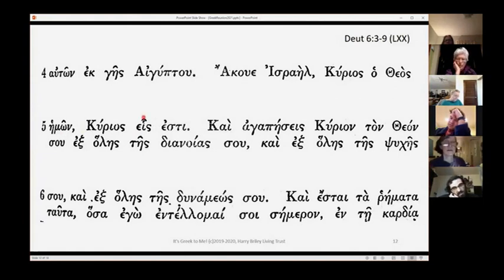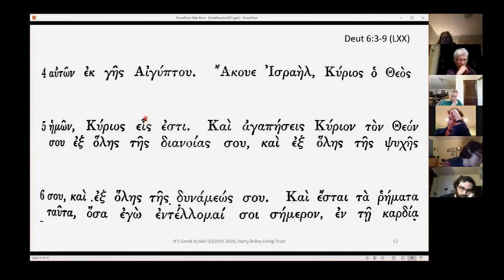Now, what's tricky is look at this breath mark. Ignore the circumflex, but the breath mark, that's a harsh breath mark. So this is not the preposition eis, which means into. This is heis. So that breath mark makes it mean something different? Yes, it does. It's heis, not eis.